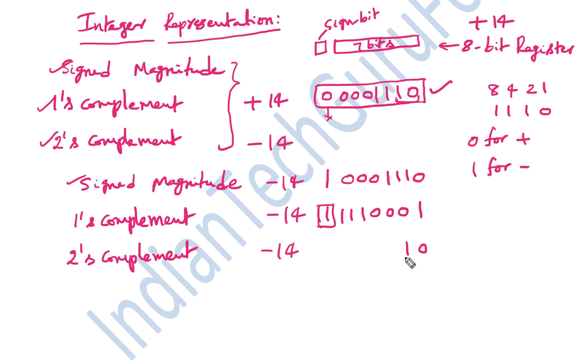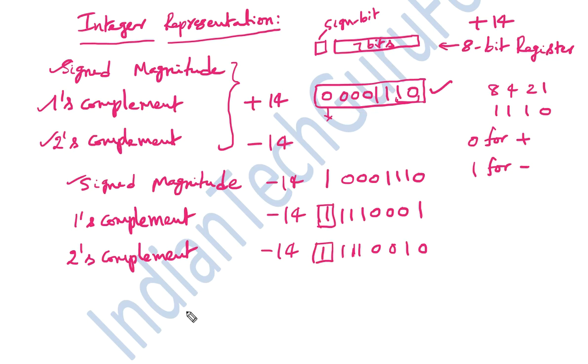After the first one encountered, the remaining bits you have to exchange. So 1, 1, 1, 1, 0, 0, 1, 0. Like this we derive the twos complement representation of minus 14. Here also you can observe that the sign bit becomes 1. Like this we represent plus 14 as well as minus 14 in signed magnitude, ones complement, and twos complement representations.